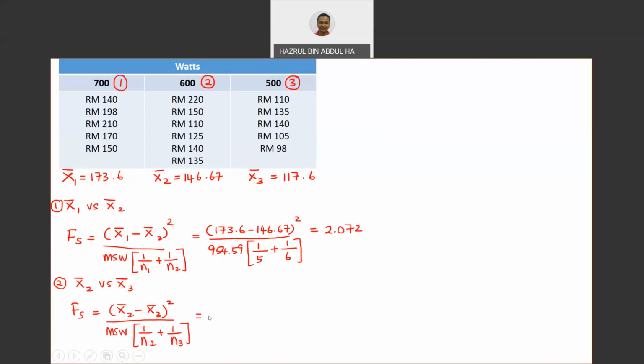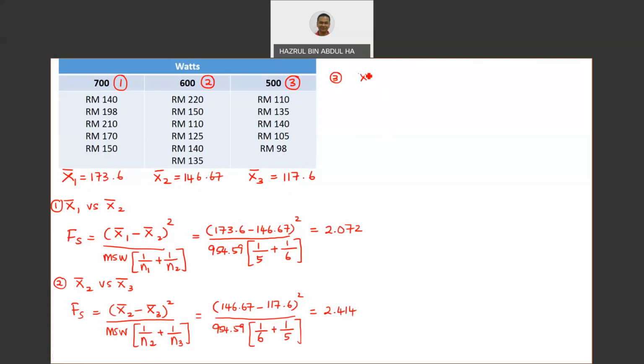So x bar 2 is 146.67 minus x bar 3, which is 117.6, squared, all divided by MSW, 954.59, multiplied by 1 over the number of samples in the second group, which is 6, plus 1 over the number of samples in the third group, which is 5. So this is equal to 2.414.